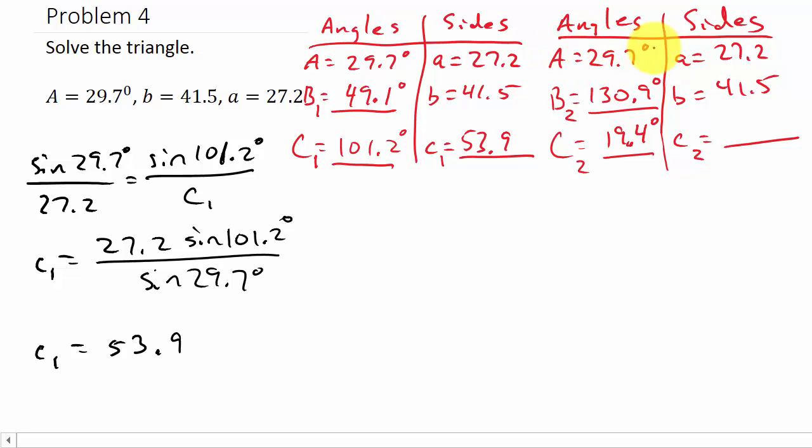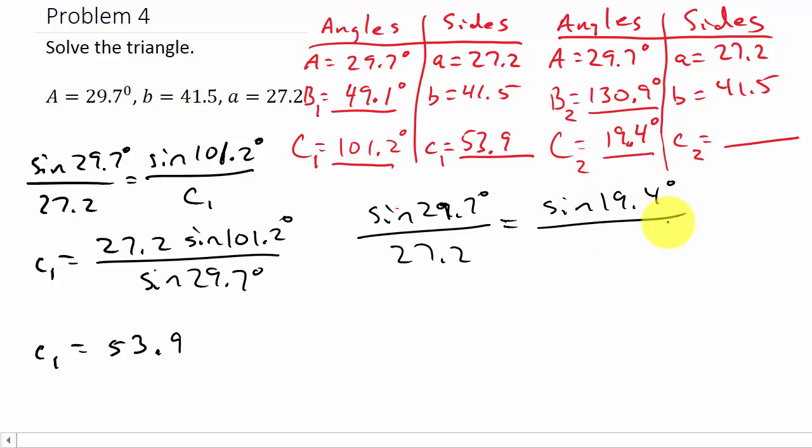Now let's solve for C2. Once again, I'm going to use angle A and side A. So I get the sine of 29.7 over 27.2 equals the sine of 19.4 degrees over C2. Then I solve for C2.